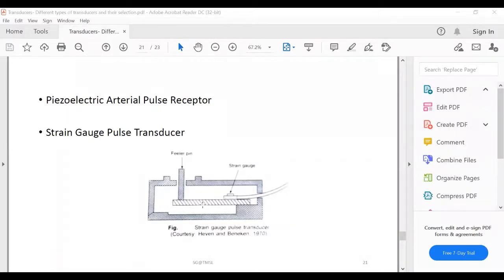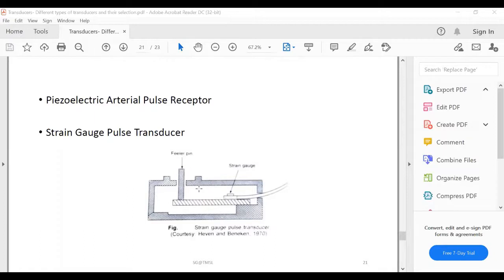So this is the strain gauge, which is firmly attached to this leaf spring on one side, and to the filler pin on the other side. One ring around the filler pin of the transducer helps in minimizing the interference caused by the unsteadiness of application of the transducer to the subject's or the patient's skin.